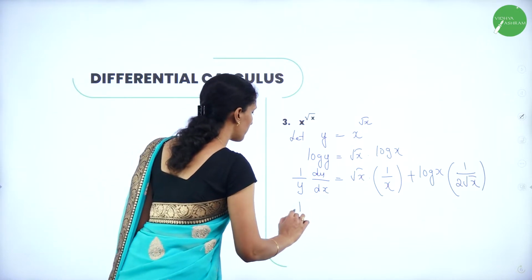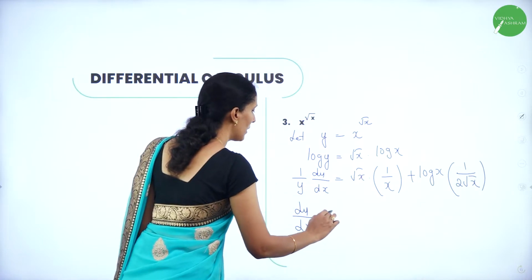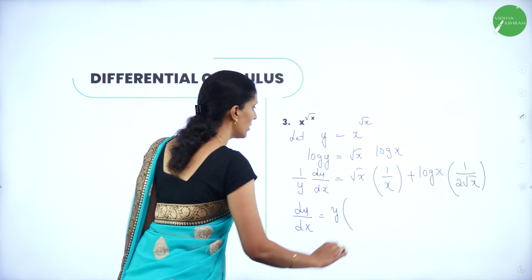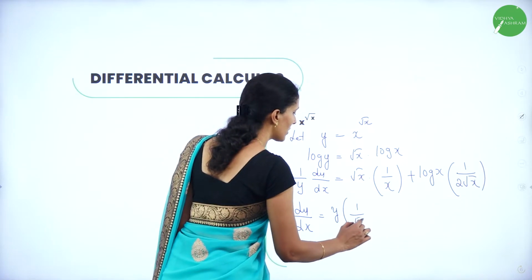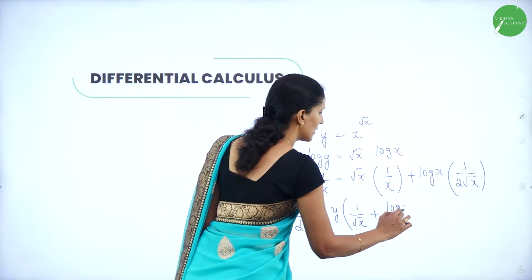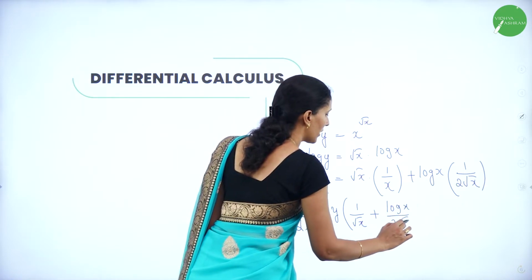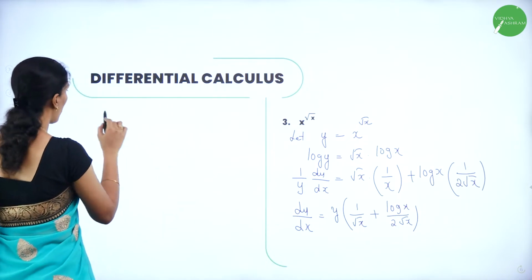So here dy by dx is equal to, you can multiply y here, this is y into, so root x by x can be written as 1 by root x, plus log x divided by 2 root x. So again you can take root x as a common factor in the denominator.